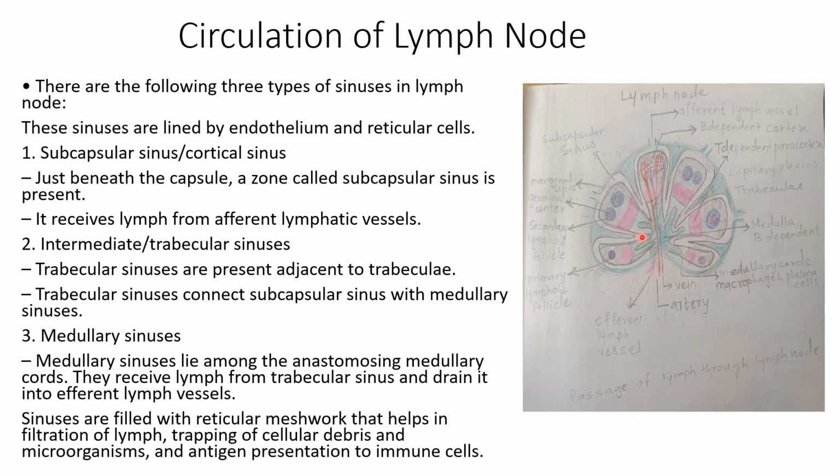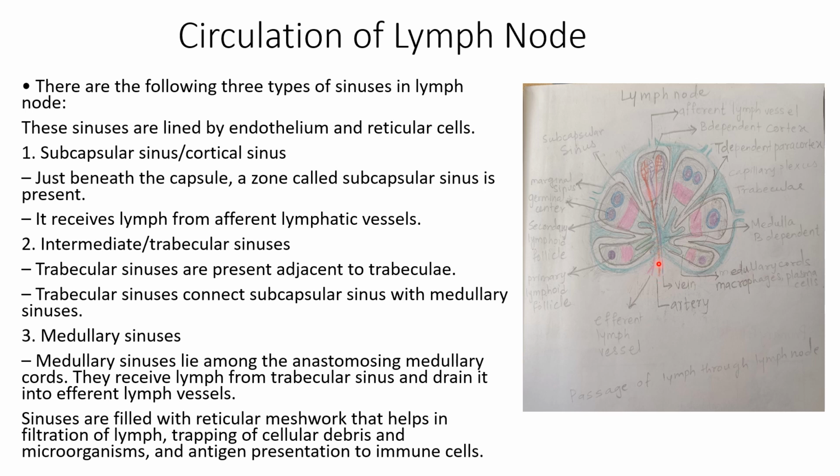So the lymph passes from the subcapsular sinus into the trabecular sinus, and from the trabecular sinus it enters into the medullary cords. In the medulla we have the anastomotic cords. So the lymph enters into them and then leaves the lymph node via the efferent lymph vessel, which is present in the hilum of the lymph node.